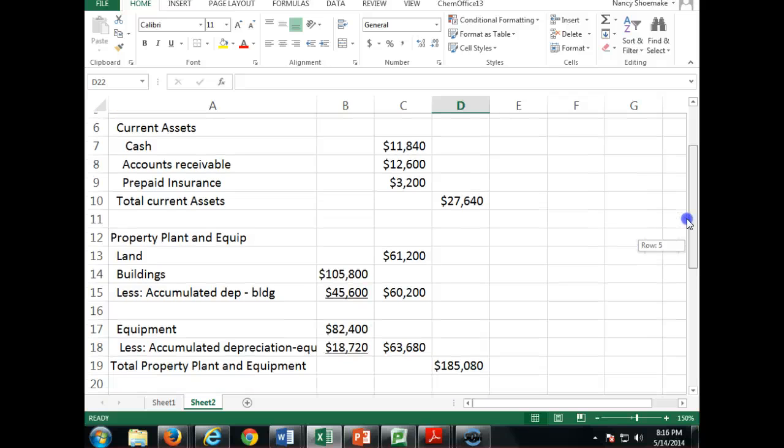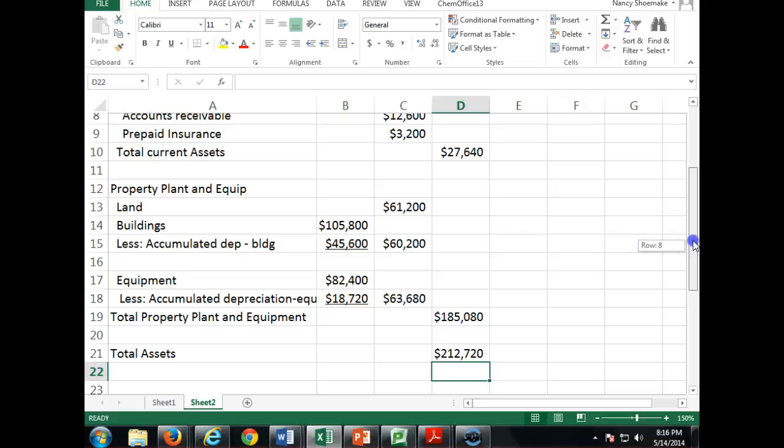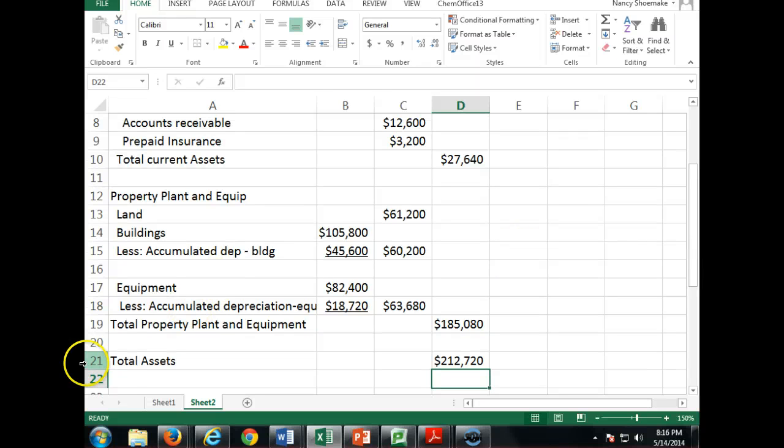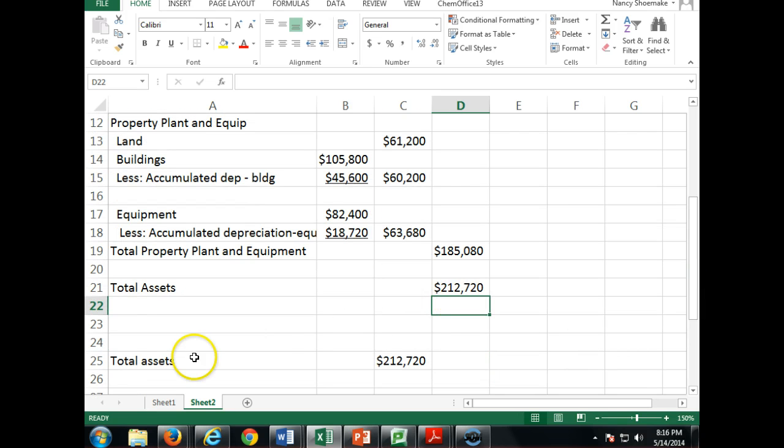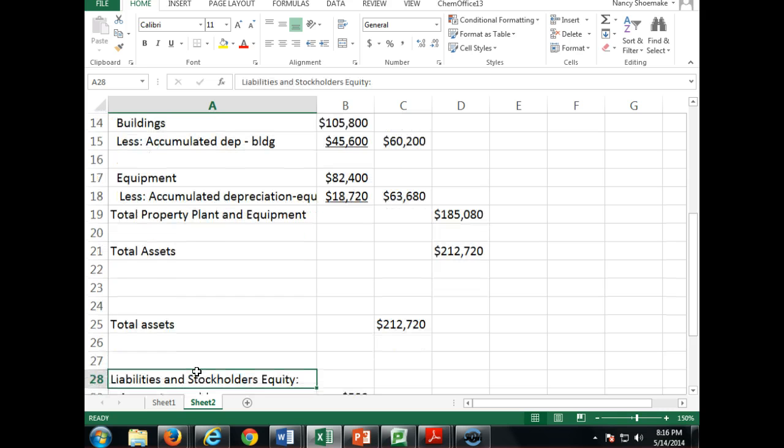And if we would have had in here some intangibles like goodwill, they would have come in after our property, plant, and equipment, wouldn't they have? Okay, now let's talk about liabilities and stockholders' equity section.